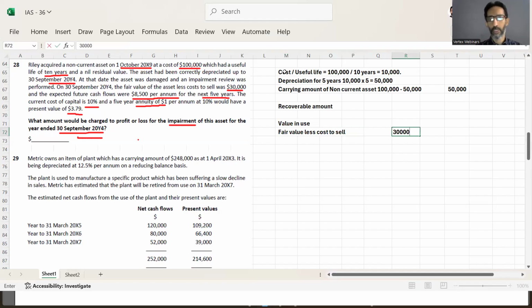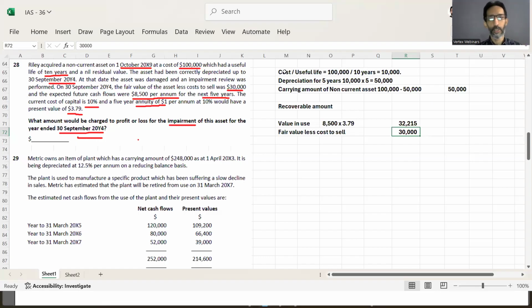Fair value less cost to sell is 30,000, and for the value in use, 8,500 is the annual cash flow. We multiply this by the annuity factor, which is provided to us as 3.79. So we will have the value in use. Let's calculate 8,500 times 3.79. The answer is 32,215.